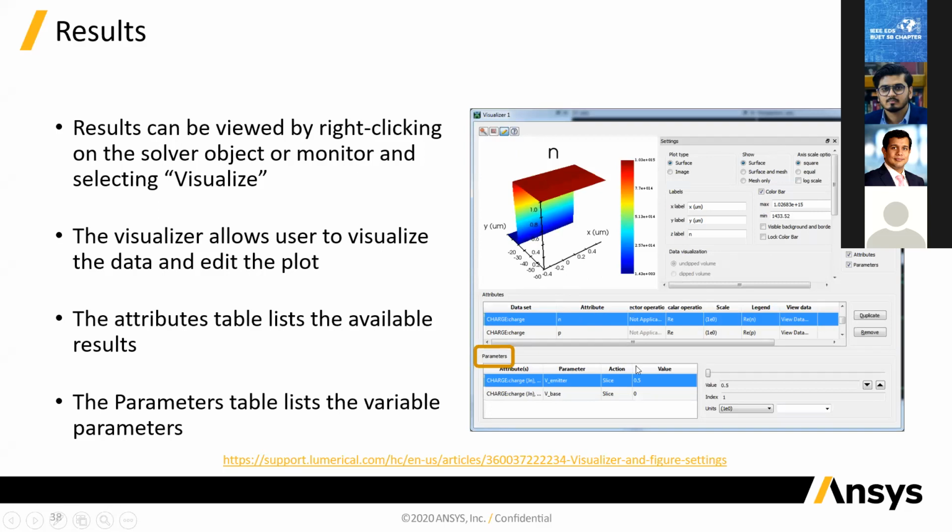Down here, you have the parameters window. If you did a bias sweep, the independent variable in your plot shows up down here, and then you have a slider. You can slide this slider to different bias voltages, and then this N and P plot will get updated.